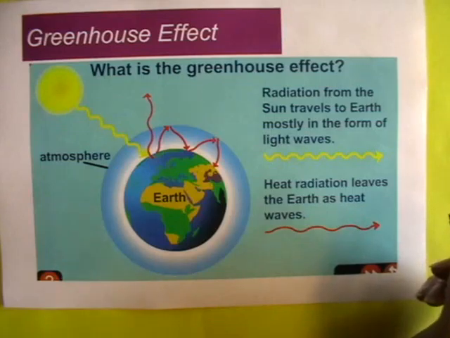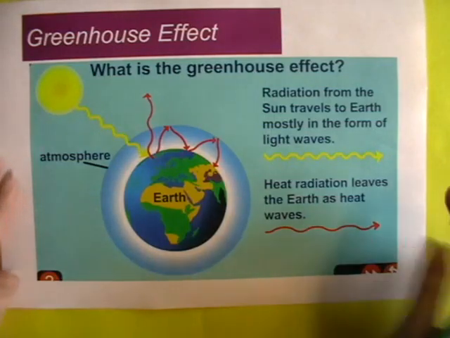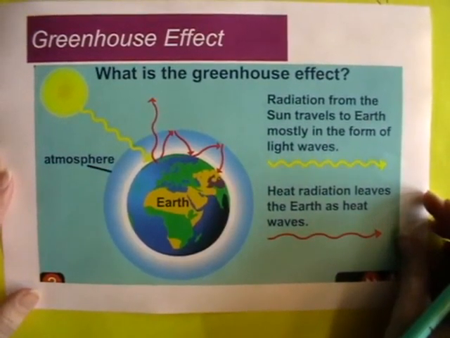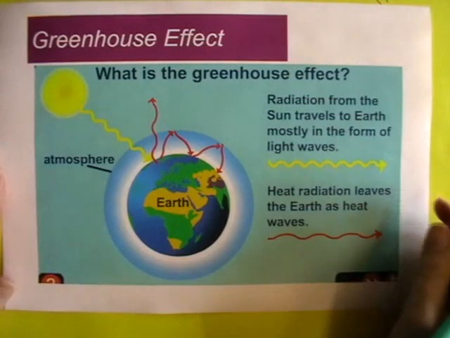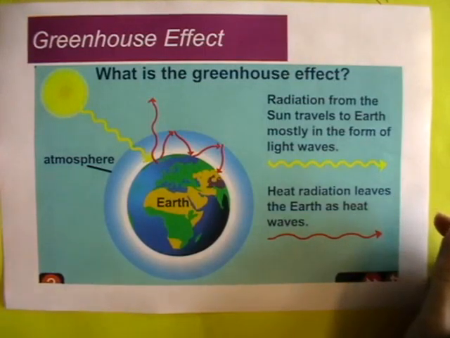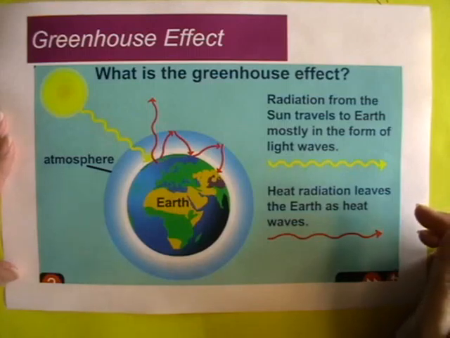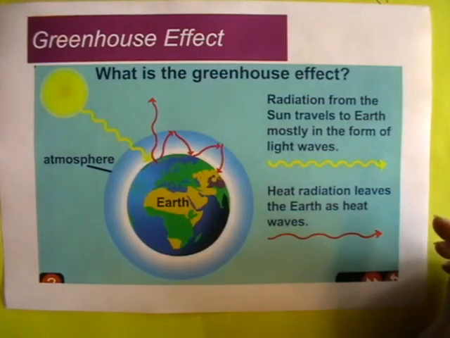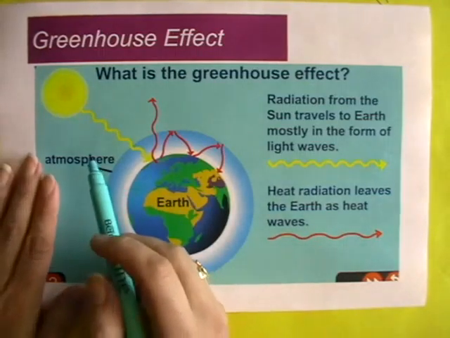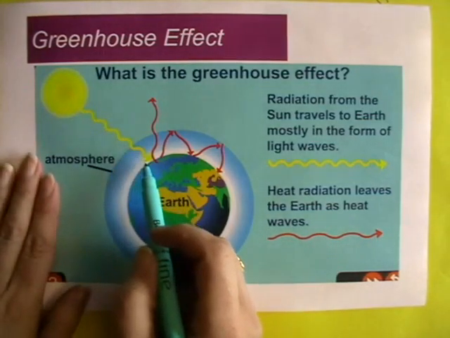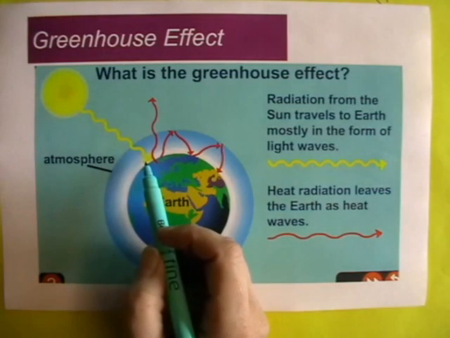Some of this increase in temperature is not only desirable but essential, because if it was too cold here on Earth we couldn't survive. However, if we have too much carbon dioxide in the atmosphere, due mostly to the burning of fossil fuels, this will cause too much heat to be trapped in the atmosphere, and this then is leading to global warming. So again, we have a very short wavelength of radiation coming from the sun, which easily penetrates the Earth's atmosphere.